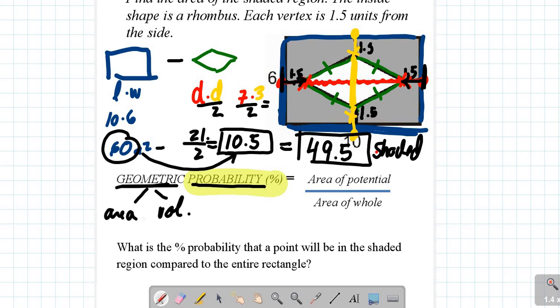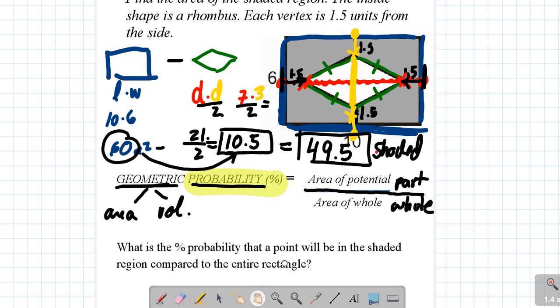It's probability that's related to the concepts of area and volume. And when you do geometric probability, you're doing area. In this case, we're going to deal with area of the part over area of the whole. It's part over whole. It's a percent.